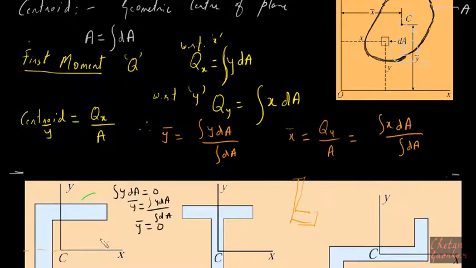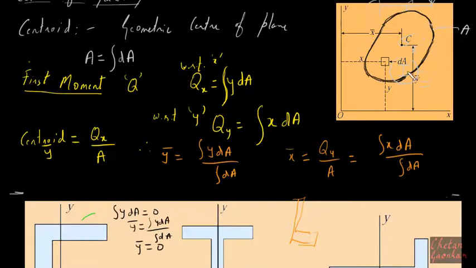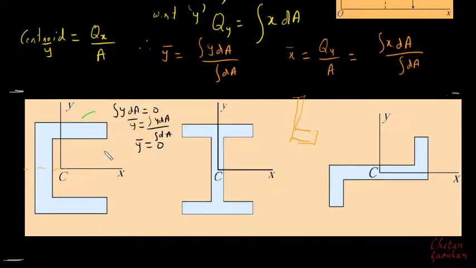Since the first moment with respect to the x-axis is 0, we get y bar as 0, which tells us that the CG of the plane lies on the x-axis itself. So here we can learn one important property, that if the area is symmetric about an axis, the centroid must lie on that axis. Let me put that down here.